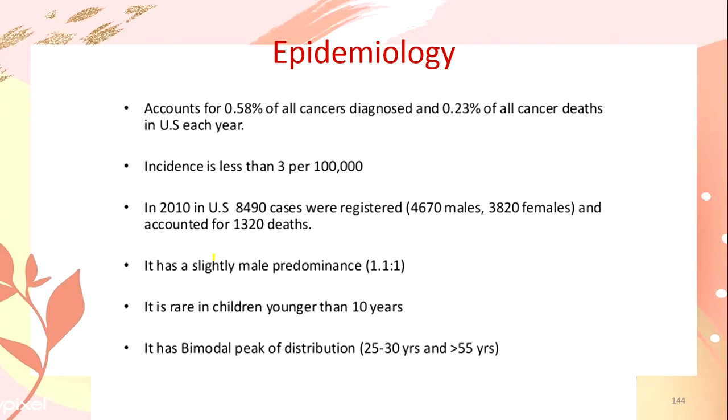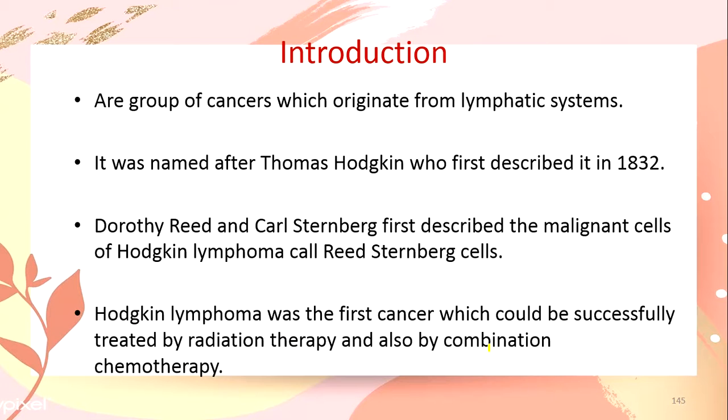Now, epidemiology: Hodgkin lymphoma has a slight male predominance, rare in children younger than 10 years, and please remember it has bimodal age distribution, 25 to 30 years and more than 55 years. The RS cell was named after Dorothy Reed and Carl Sternberg, who first described the malignant cell of Hodgkin lymphoma.